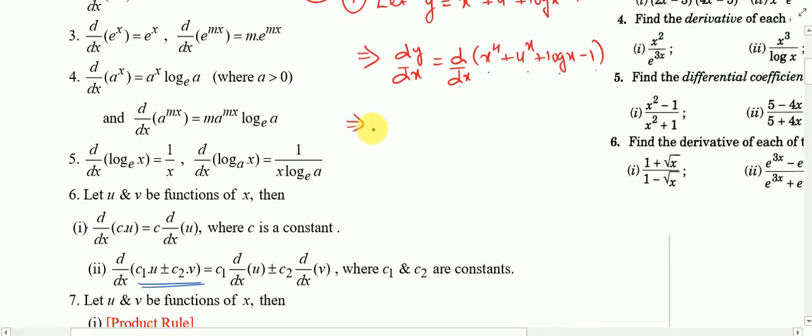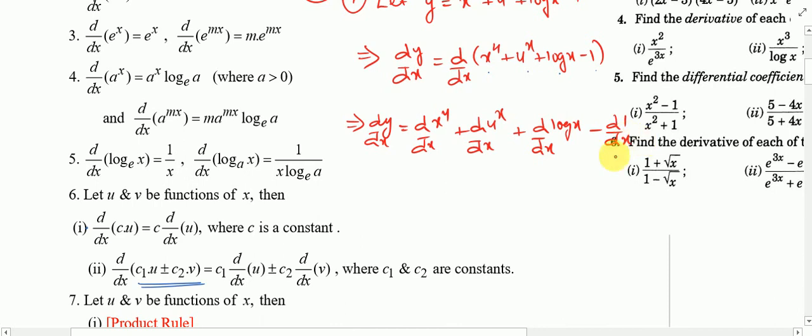We can write dy upon dx is equal to d upon dx of x to the power 4, plus d upon dx of 4 to the power x, plus d upon dx of log x, minus the derivative of 1.